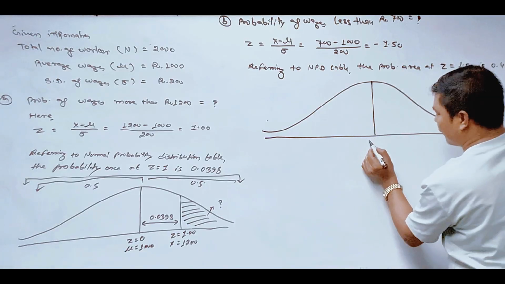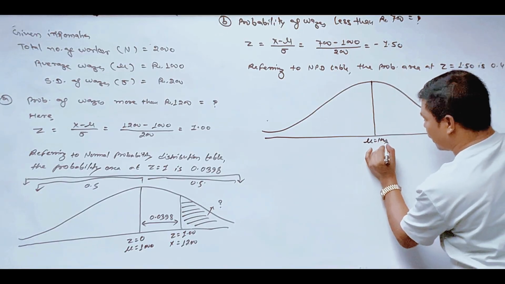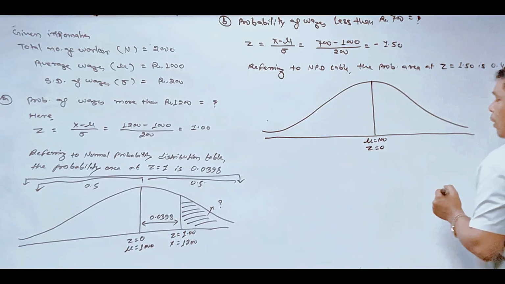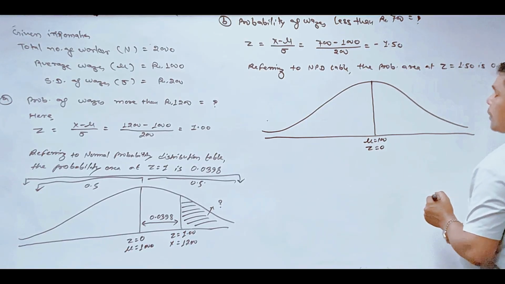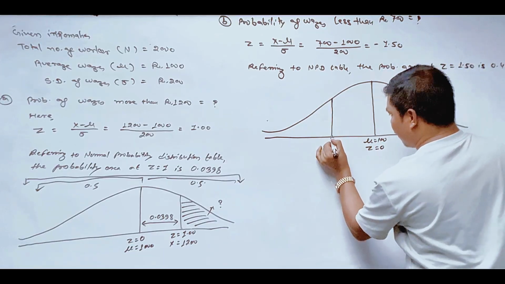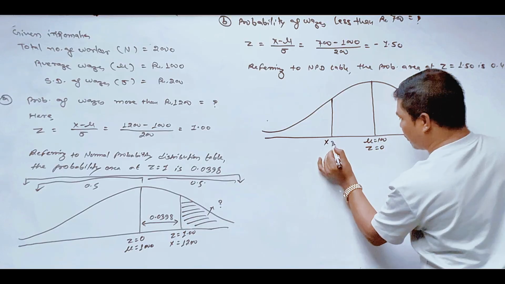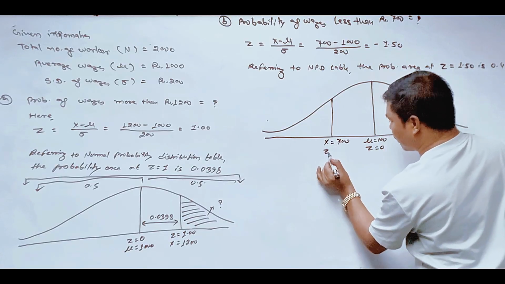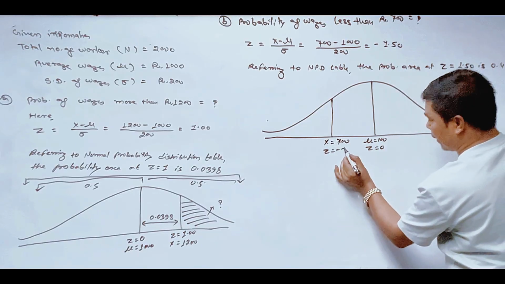The central line is denoted by mu equals 1,000, Z equals 0. Then we locate the value of 700 at the left side of the central line because it is less than the average value, which is x equals 700 and Z equals minus 1.5.